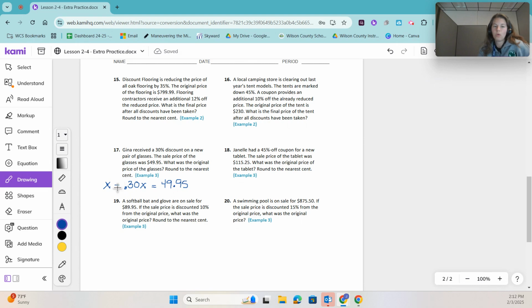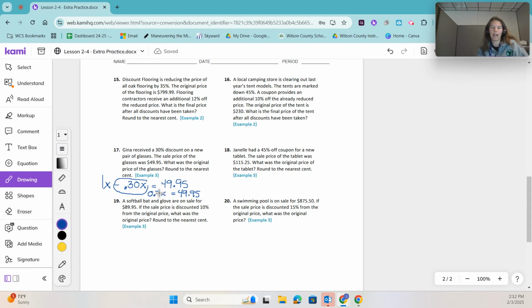In order to solve this, I need to combine my like terms here. So I'm going to subtract 0.3x. Now, remember, there's an imaginary number here in front of X. It's 1. So 1x minus 0.3x is going to give me 0.7x is equal to 49.95.